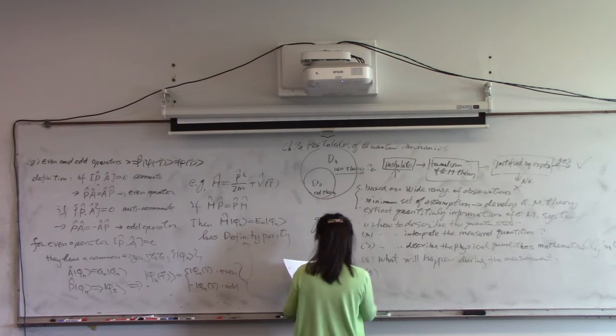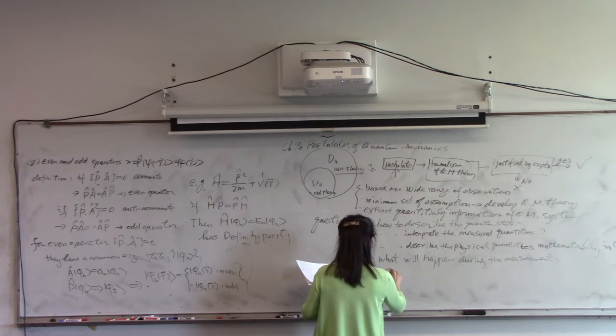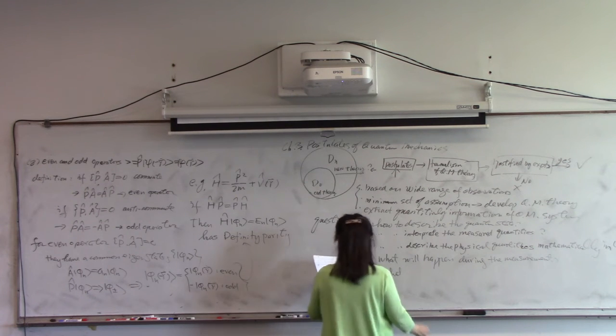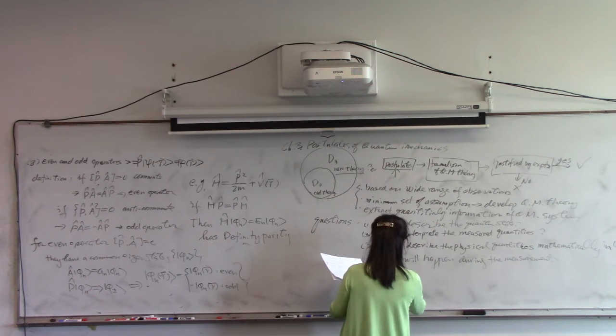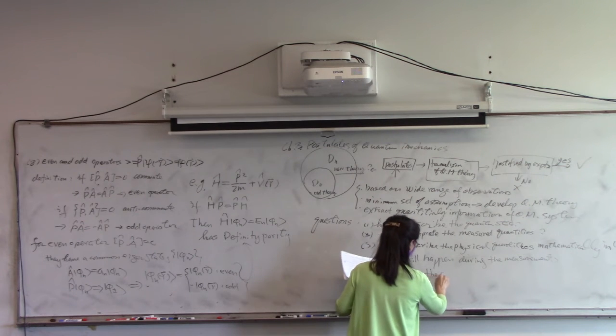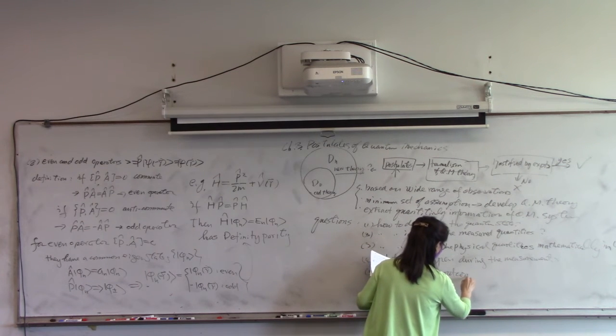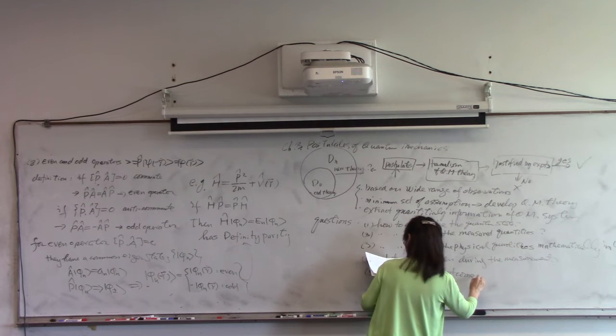Number 5, what is the outcome, how to interpret the outcomes?